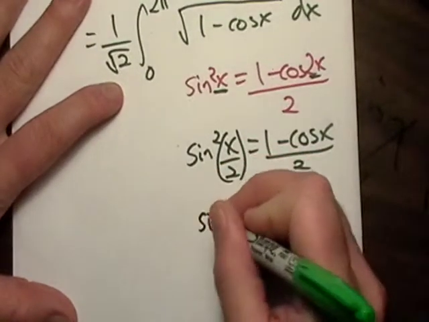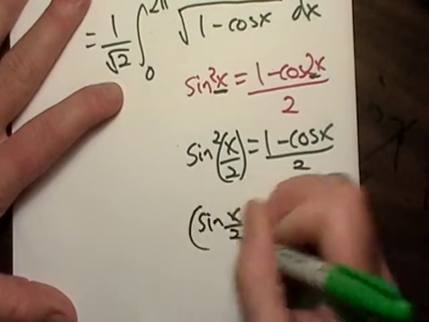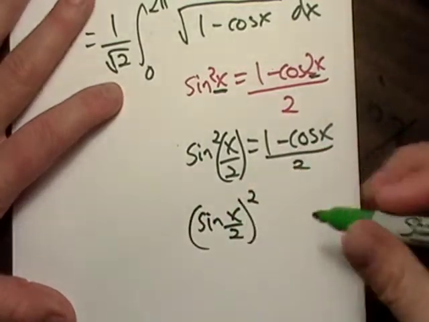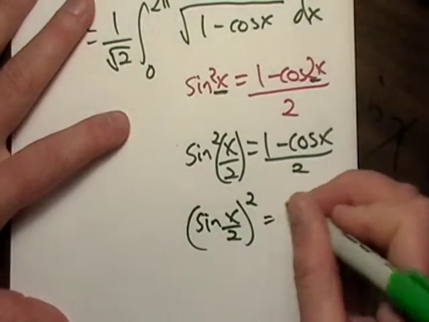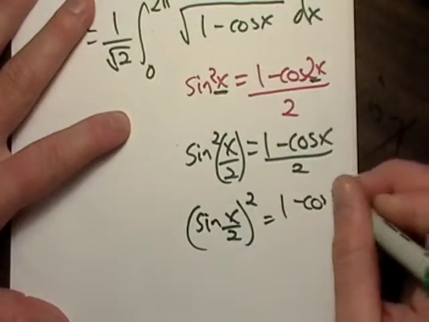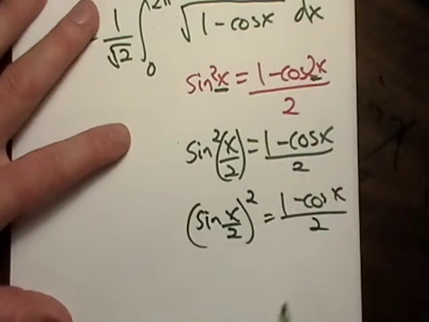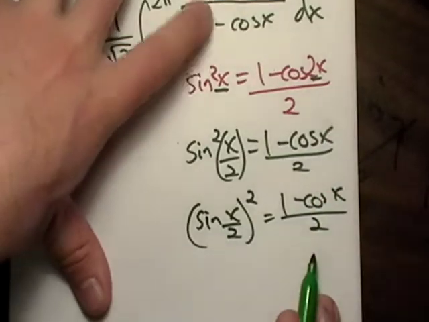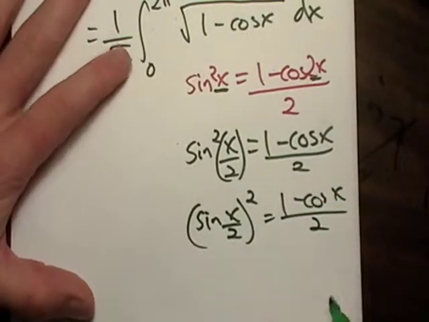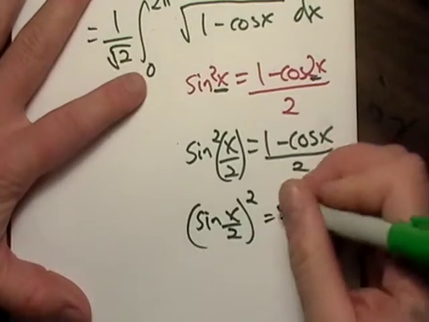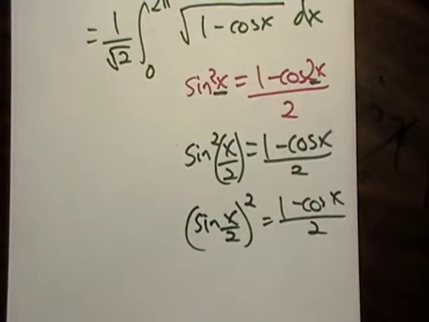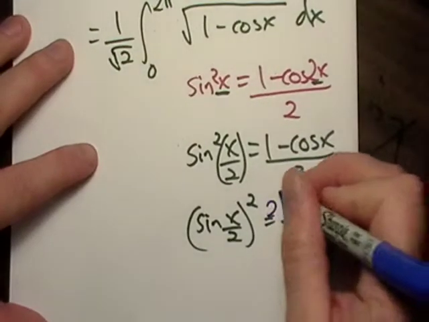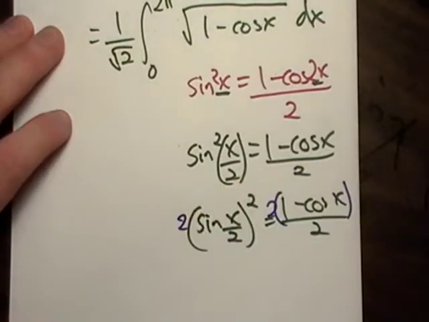Actually, let's write it like this so it's less confusing. Okay? That's the whole thing. Now we still get this 2 in here, so if we multiply both sides of this by 2, that should kind of get us where we want to be. So I'll do that down here. It's going to get sloppy.